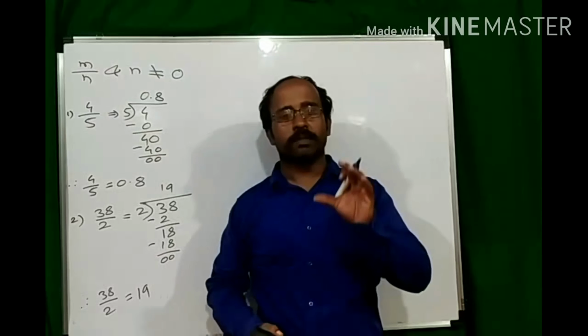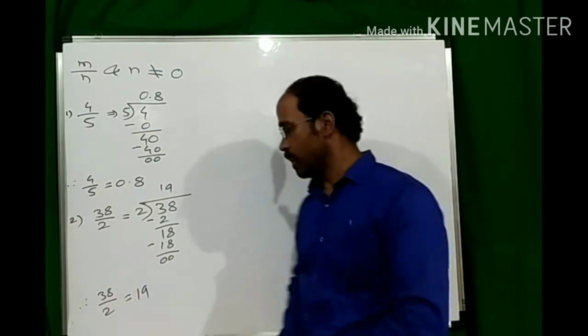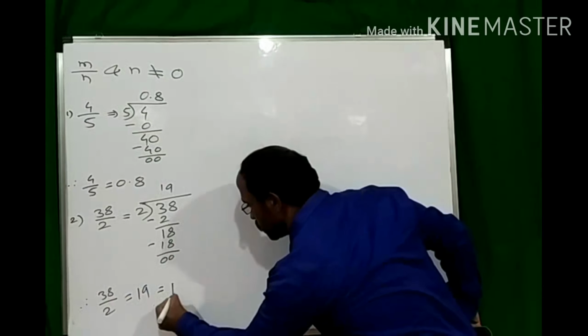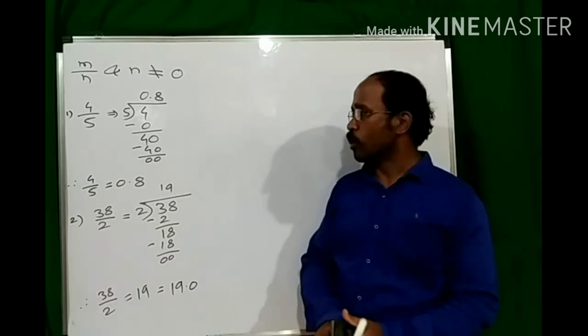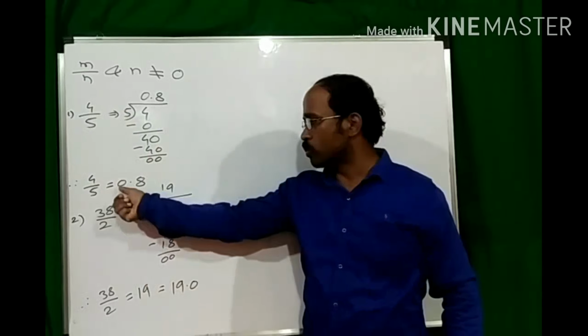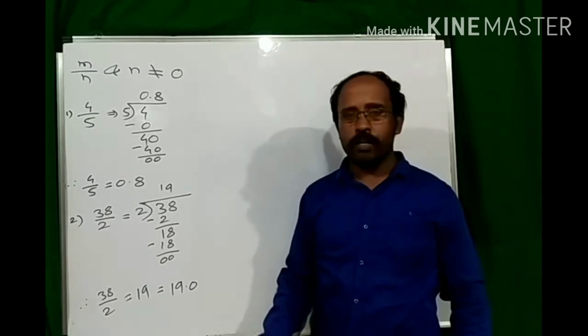We are learning decimal representation, so can we show this number in the form of decimal? Yes, it can be shown as 19.0. We can append any number of zeros. So 4 upon 5 is equal to 0.8 and 38 upon 2 is equal to 19.0.